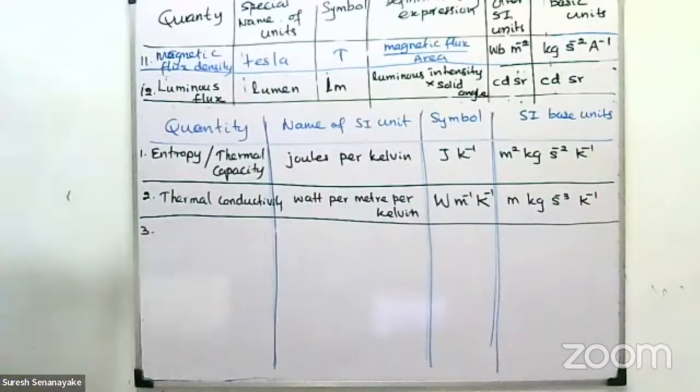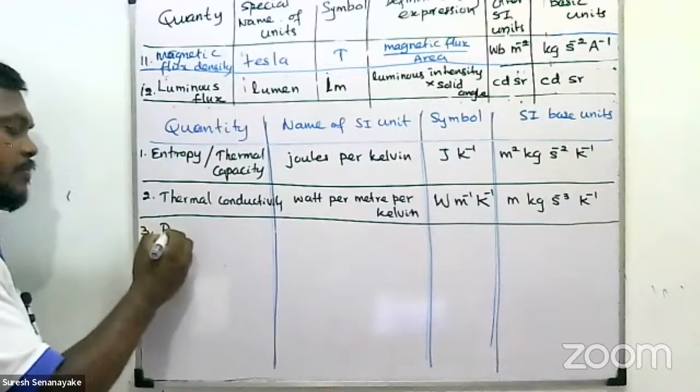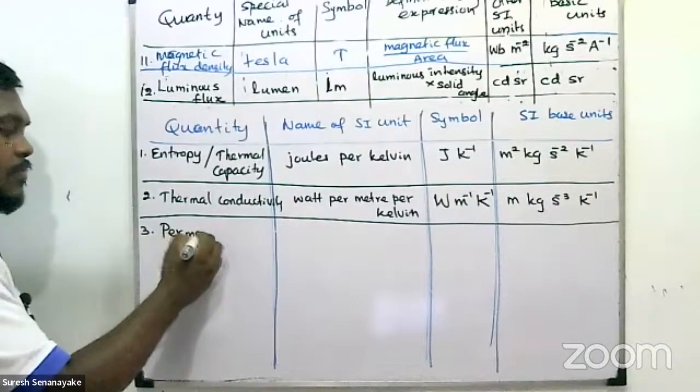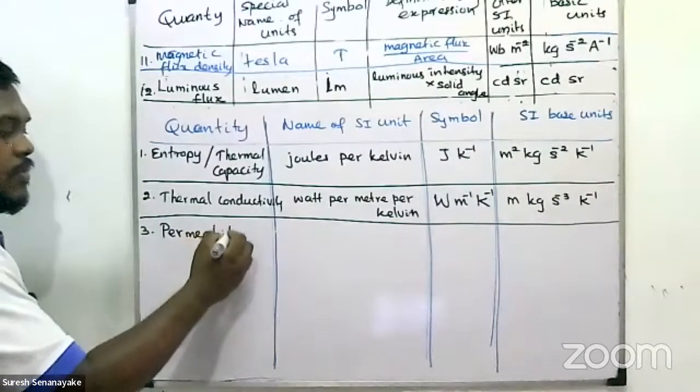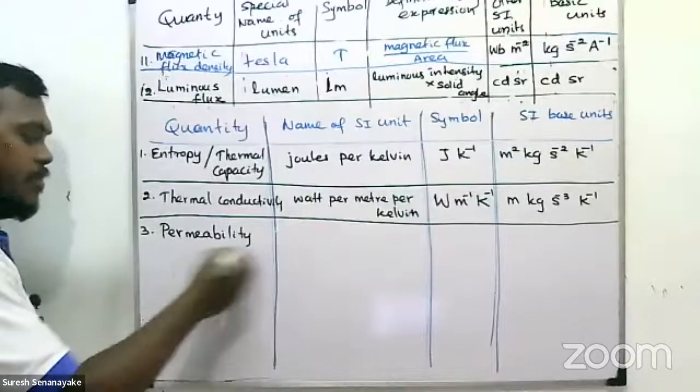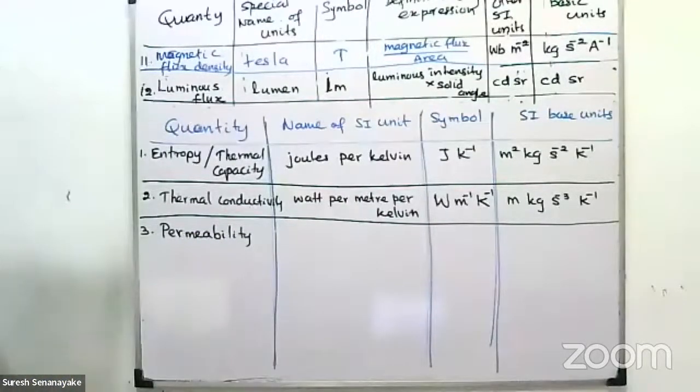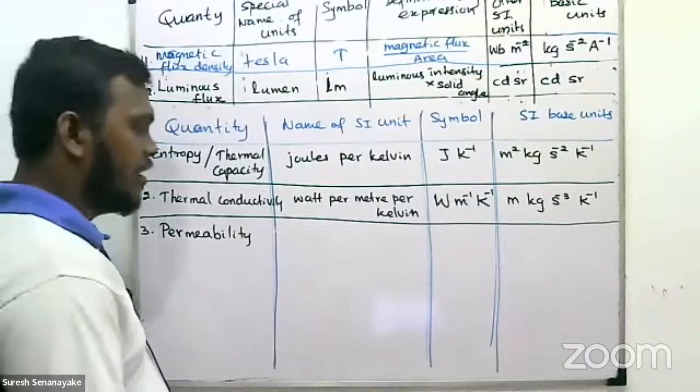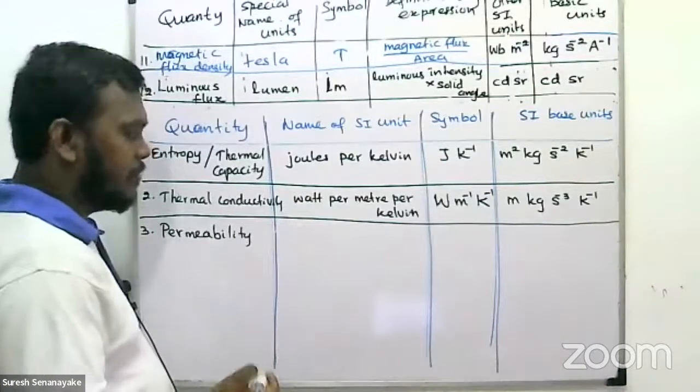The third one is permeability. Don't worry about this name. Permeability is related to the magnetic field properties in the medium.